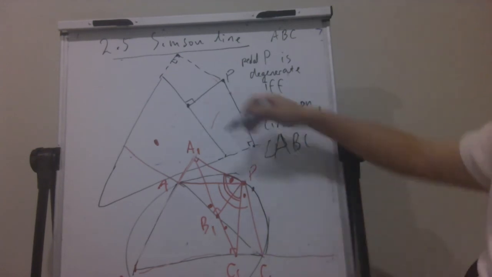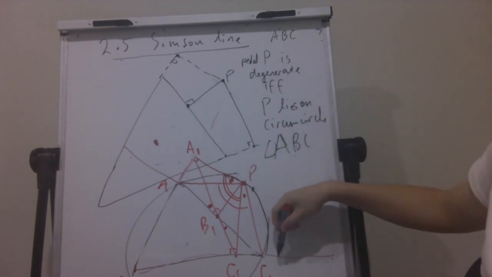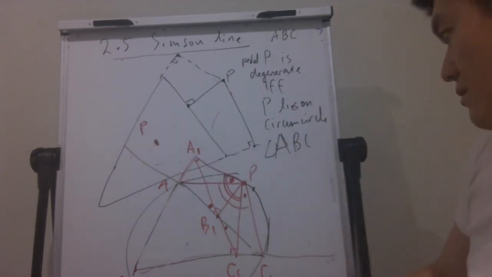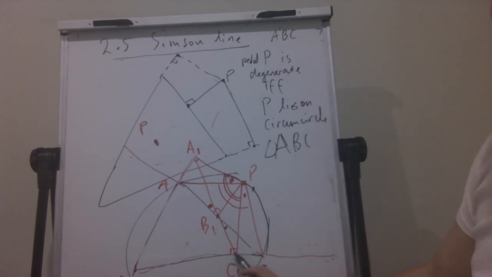Like the biggest angle you make is with A1, P, and C. If you put P somewhere else, then this C might be the bigger one. This C1 might be on the outside of C. Does that make sense?